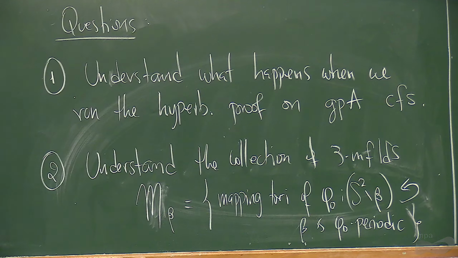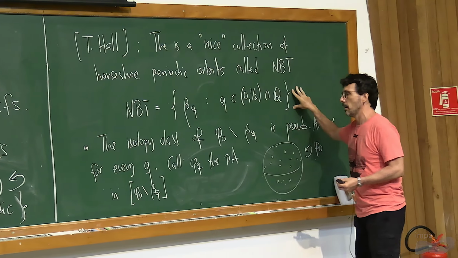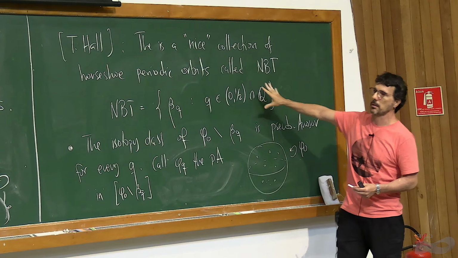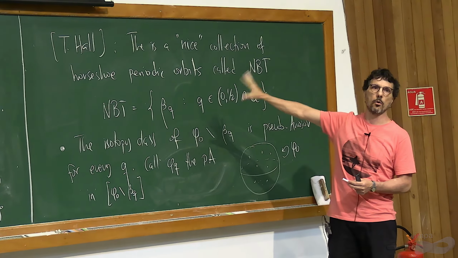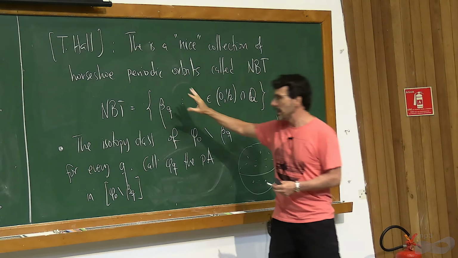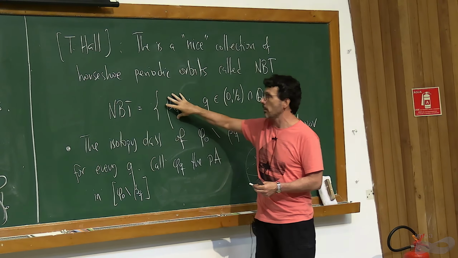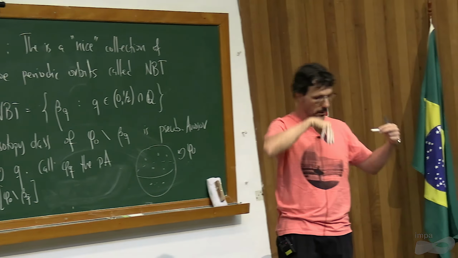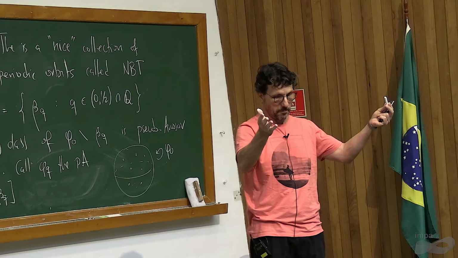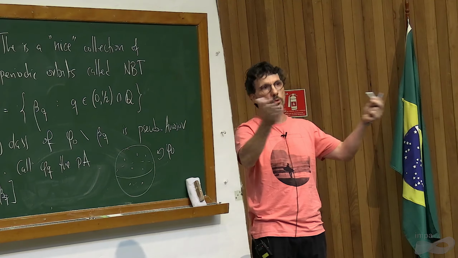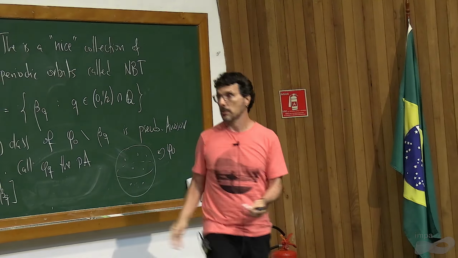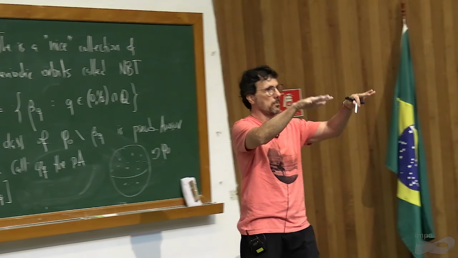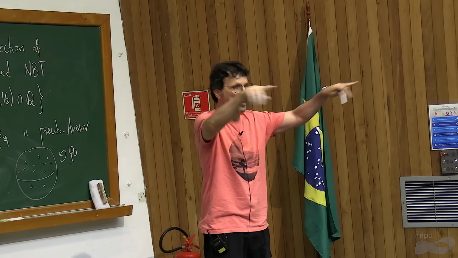Okay, so let me say a word about what these NBT orbits are. They happen to be just the simplest pseudo-Anosov orbits for the horseshoe, meaning that the horseshoe relative to them is a pseudo-Anosov map, and pseudo-Anosov maps have train tracks. What is special about these orbits is that their train tracks are essentially line segments.